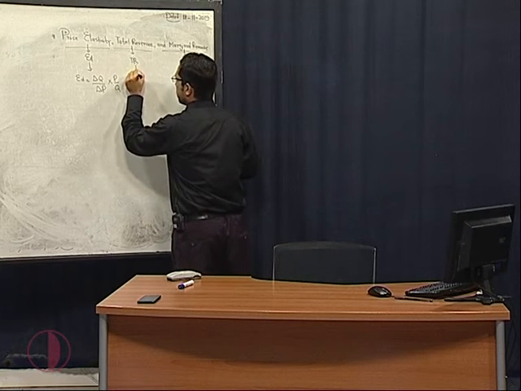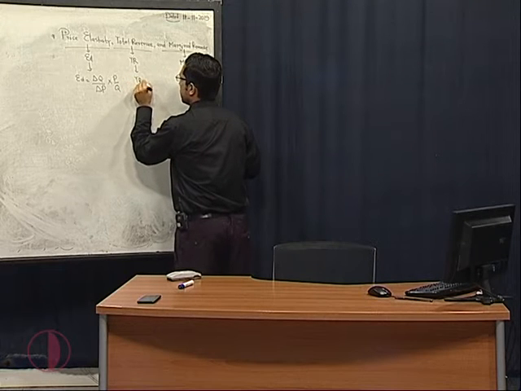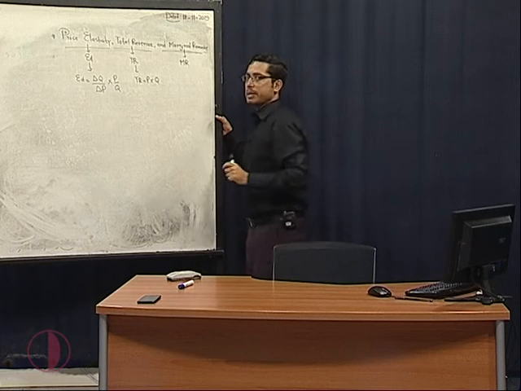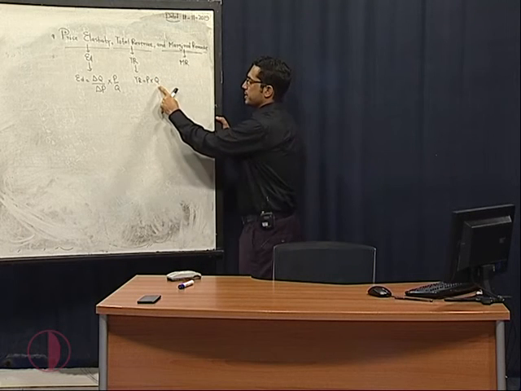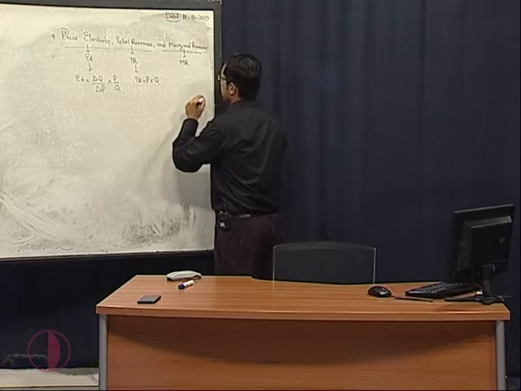Total revenue is equal to P multiplied by Q. P is the price of a product and Q is the number of units sold in the market in a given time period.